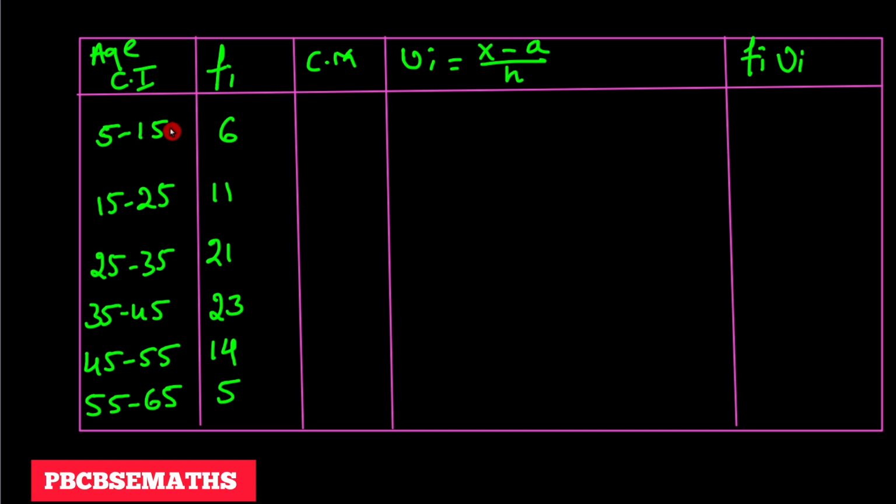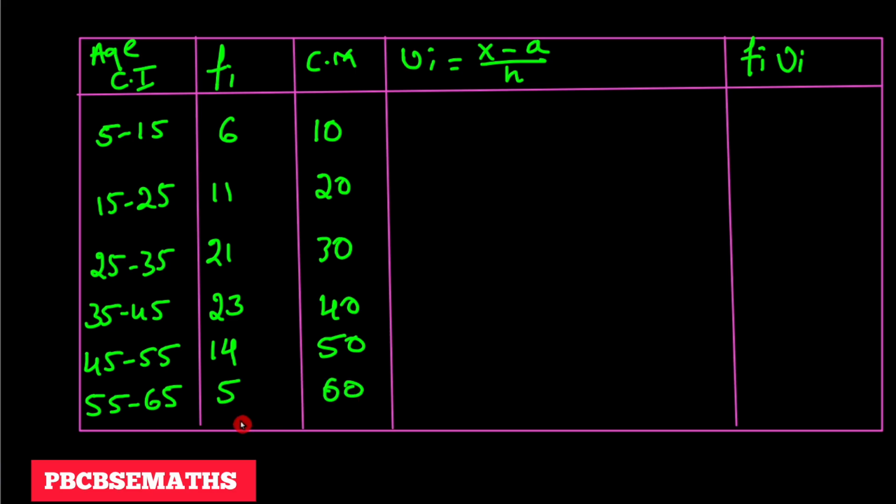A class mark can be found by adding the upper limit with the lower limit, then dividing by 2. So 15 plus 5 gives us 20 divided by 2, that is 10. Here it is 25 plus 15, 40, so 40 divided by 2, that is 20. In the same way, here we get 30, here it is 40, here 50, here 60.